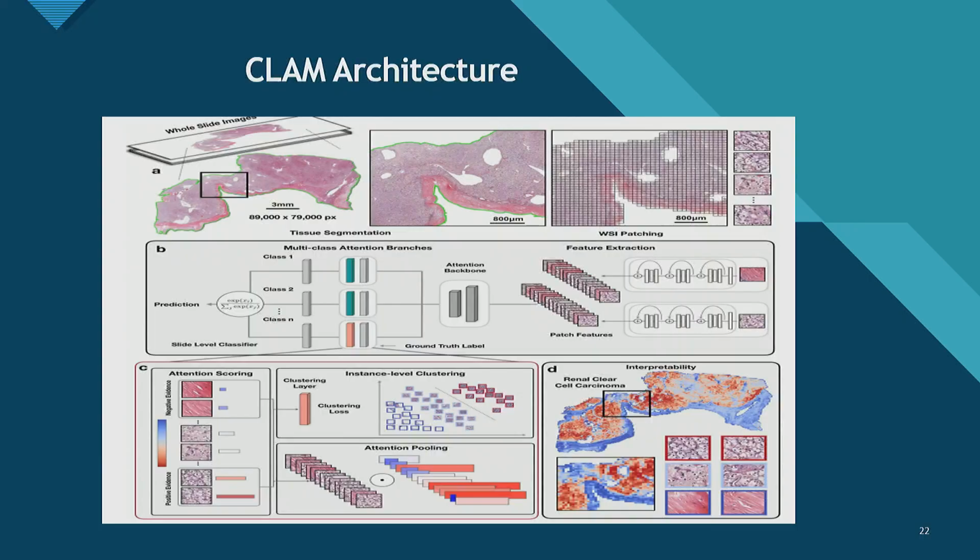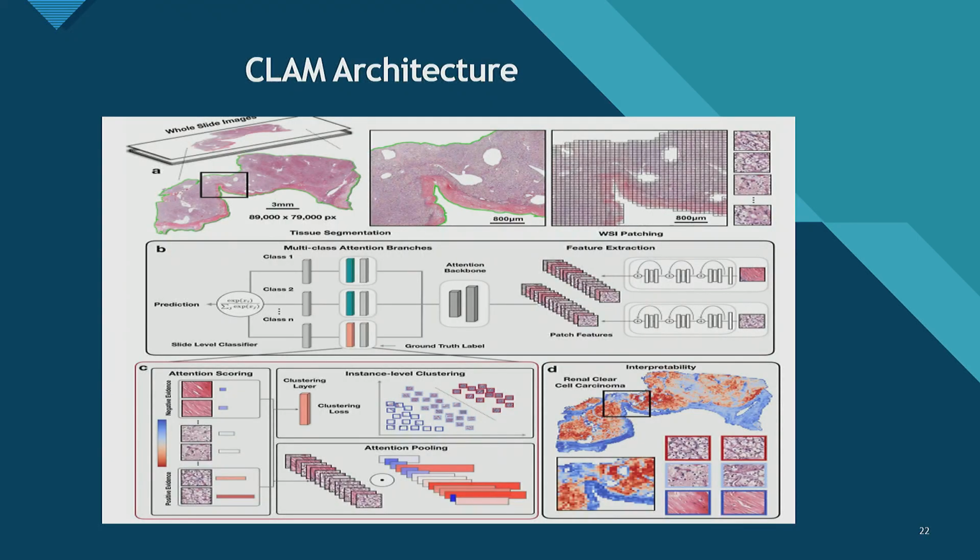And then we make patches of these tissue areas, only these, because we have already removed the background and we only have tissue area. Then we apply patching and make patches according to our requirement, and then we have different kinds of patches. It depends upon the size of the image.